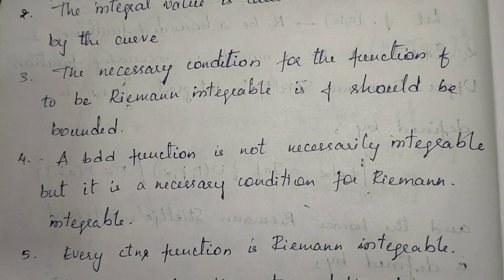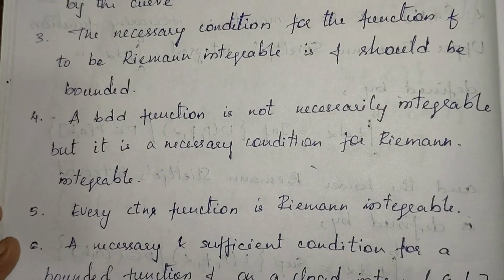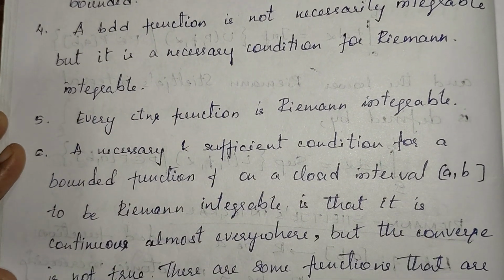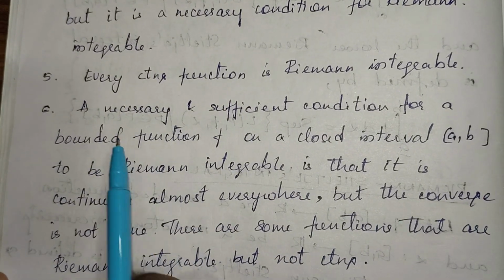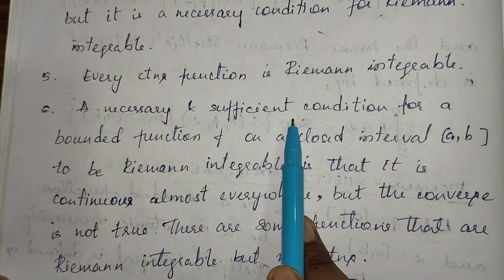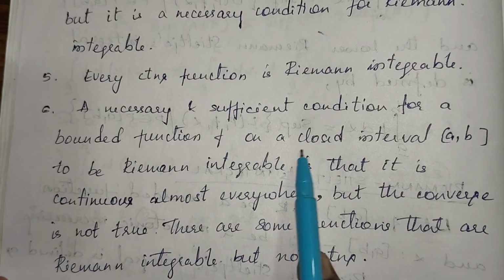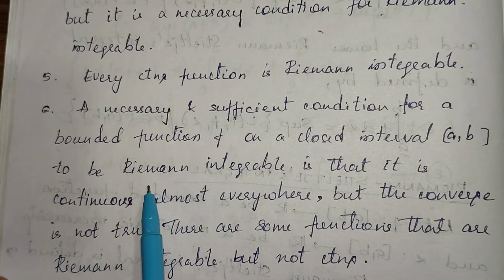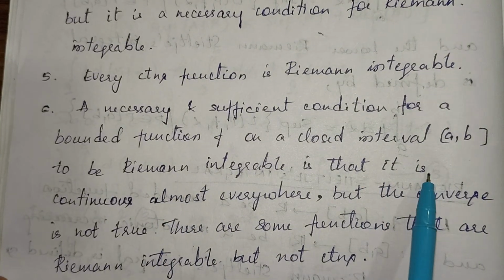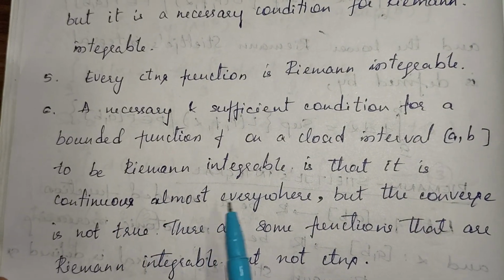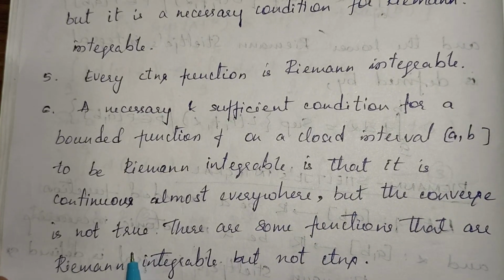And here, every continuous function is Riemann integrable. And the sixth one, a necessary and sufficient condition for a bounded function f on a closed interval [a, b] to be Riemann integrable is that it is continuous almost everywhere, but the converse is not true.